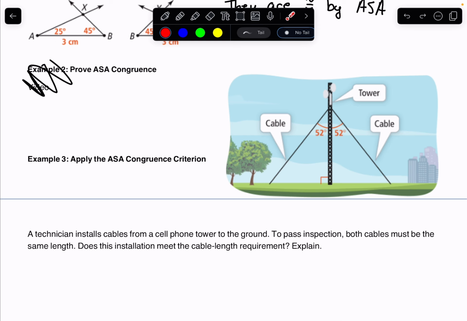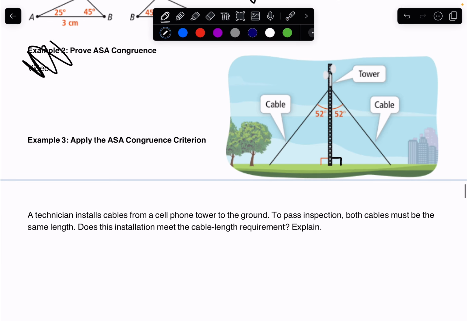And then down here, I can see that I have a right angle on the left, and since I make a linear pair, I also must have a right angle on the right, giving me a congruent angle, side, and angle in the left triangle and in the right triangle. That, of course, means that the triangles are congruent by angle, side, angle.